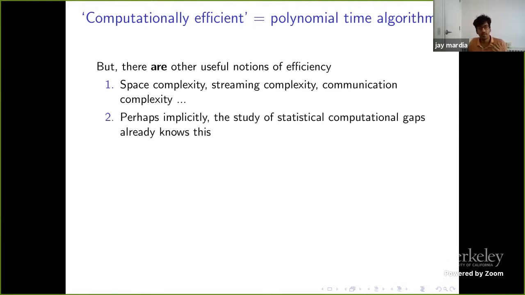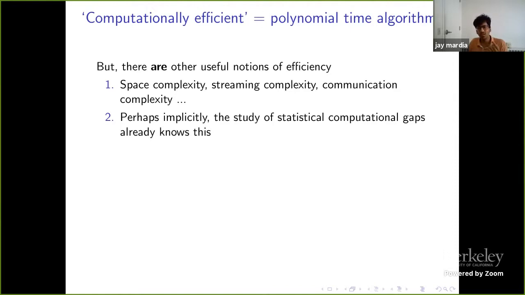Further, perhaps implicitly, the study of these StatComp gaps already knows this. The evidence for the planted Clique conjecture that I told you about on the previous slide has built up by studying restricted algorithmic classes and showing that these restricted classes can't solve the problem below the square root n threshold.